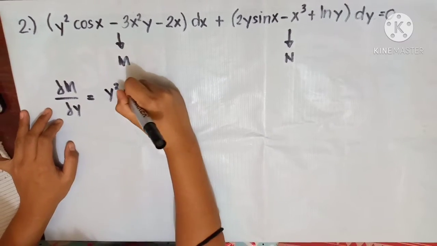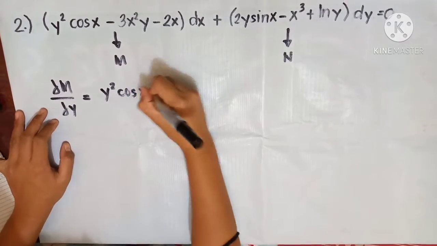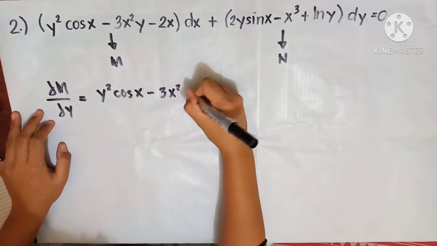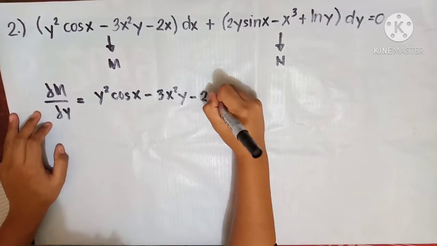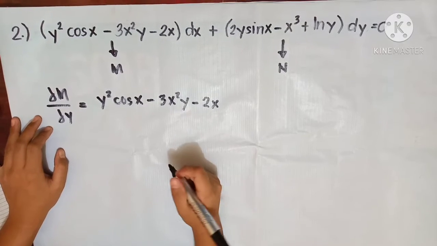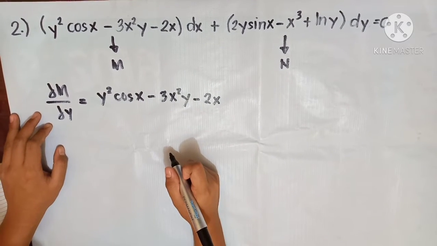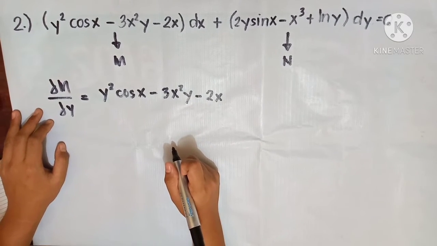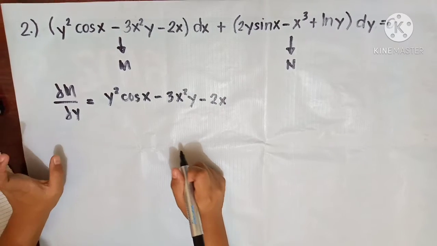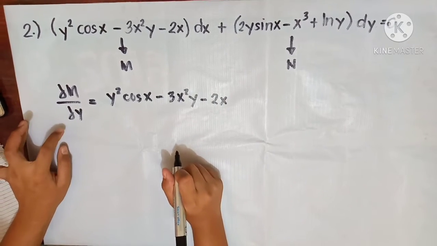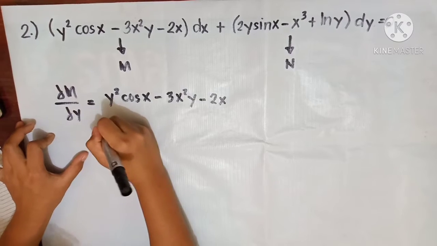We have y squared cosine x minus 3x squared y minus 2x. So since we are differentiating in terms of y, we will treat other variables aside from y as constant.